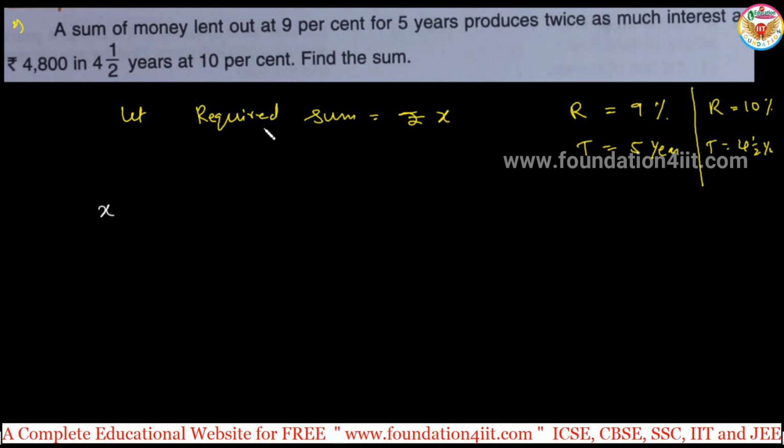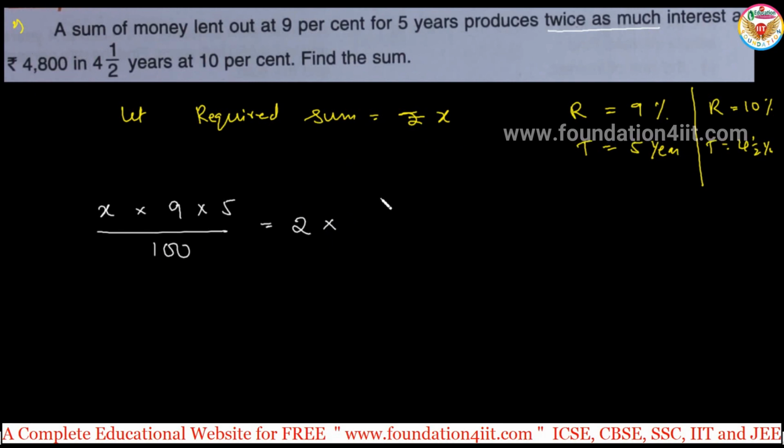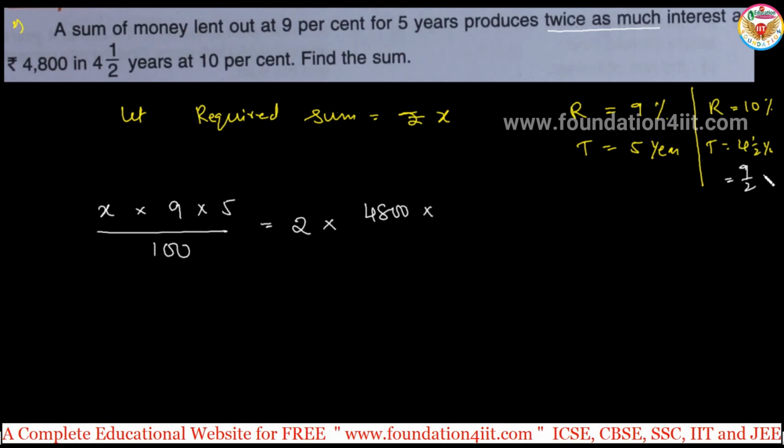So x is the required sum, P into R into T: R is 9 and time is 5, divided by 100. This exactly equals twice as much interest as for this amount. Now again the interest formula, PTR by 100: 4,800 is the principal amount, and the time 4.5 years is 9 by 2 years.